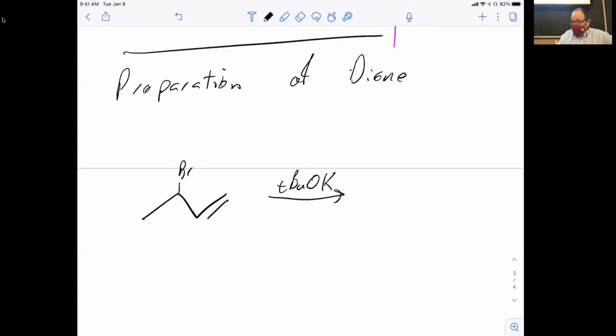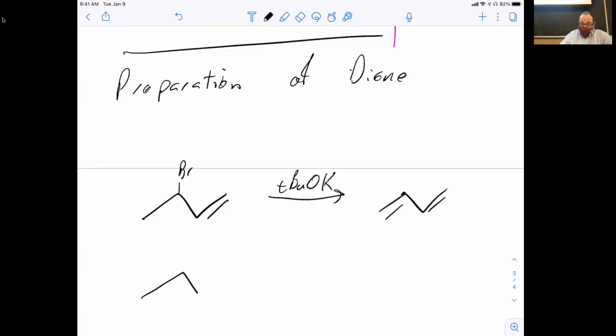And what we want for our elimination is a good base. Why would I pick t-butoxide versus, let's say, methoxide? What's the competing reaction with eliminations? Substitution, right? An SN2 and an E2 could be in competition with each other. An SN1 and an E1 can be in competition with each other.